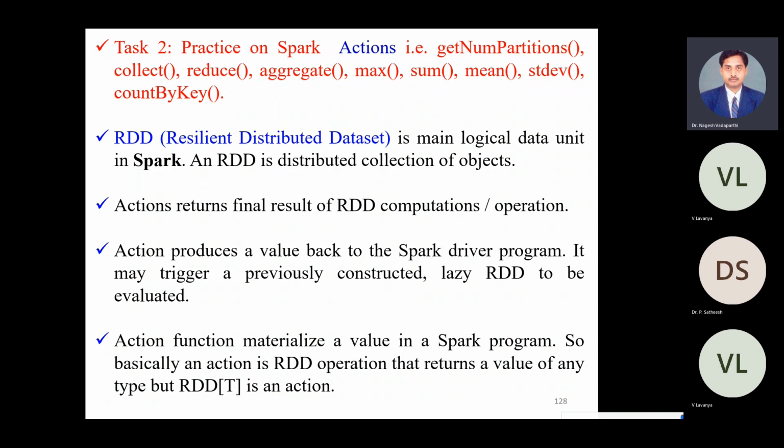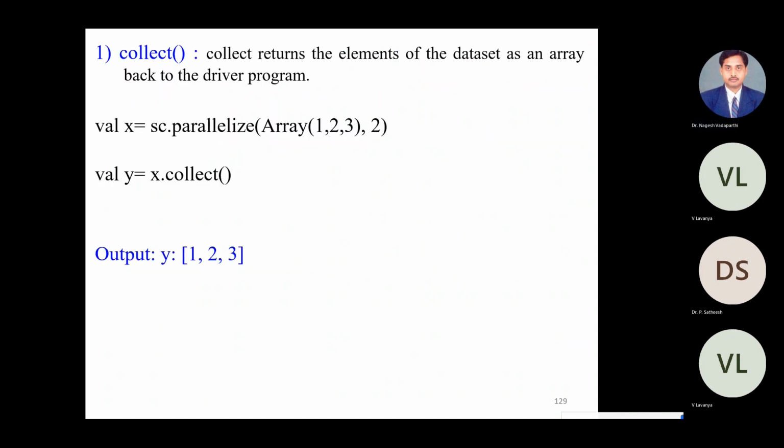Okay. So if you see, the first one is collect. Collect returns the elements of the dataset as an array back to the driver program. Keep in mind, it returns the elements of the dataset as an array back to the driver program.